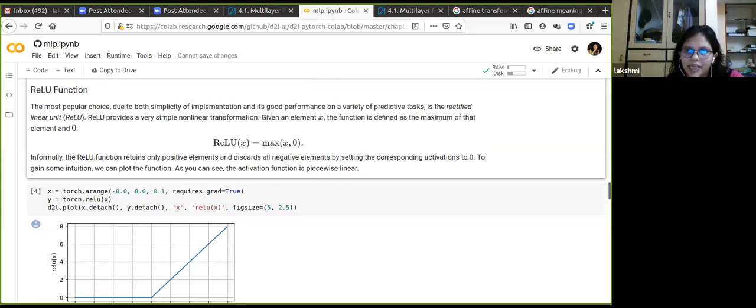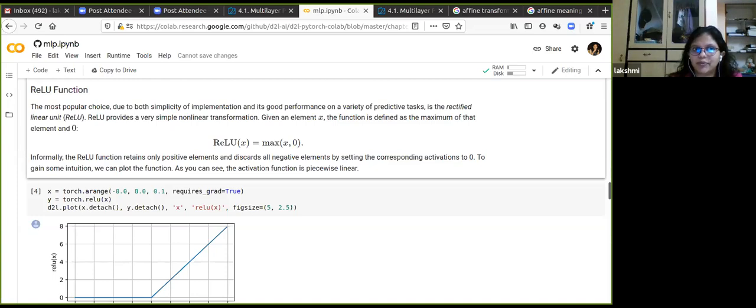Given an element x, the function is defined as the maximum of that element and 0. So ReLU of x equals maximum of x and 0. Informally, the ReLU function retains only positive elements and discards all negative elements by setting the corresponding activations to 0.